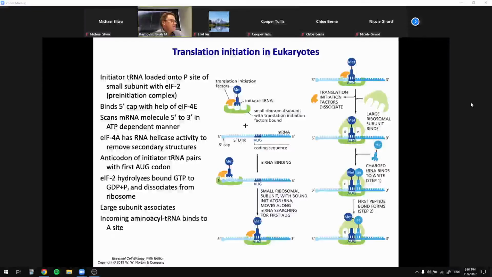When it finds the first AUG codon, it pauses and that initiator tRNA is in the P site. Now we can get dissociation of initiation factors and the large subunit binding. And then again, we're set up for the right reading frame. We have an initiator tRNA in the P site bound to the start codon, and so now we've defined the reading frame.